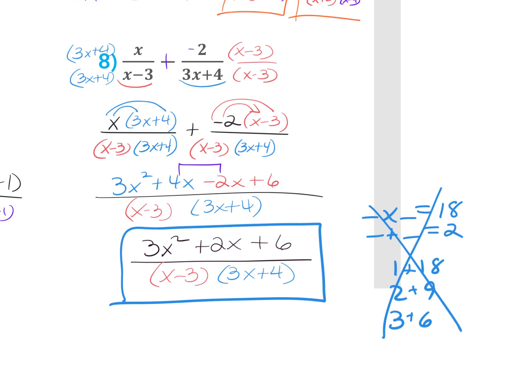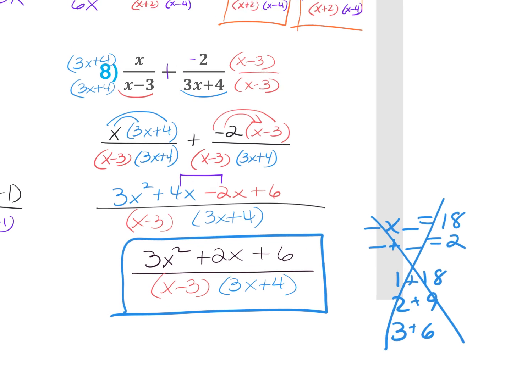Okay, so again, you're multiplying to get the LCD. And then if there is something in that numerator, you need to distribute it first, then combine like terms. And then once your terms are all combined, check to see, can you factor what remained in that numerator to see if there's anything that will cancel with the denominator.